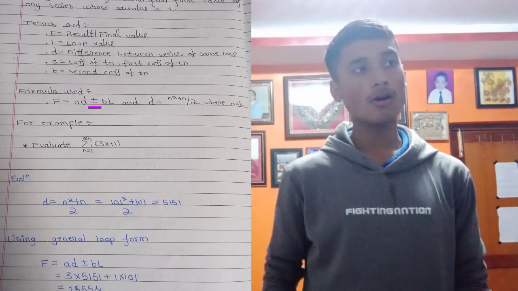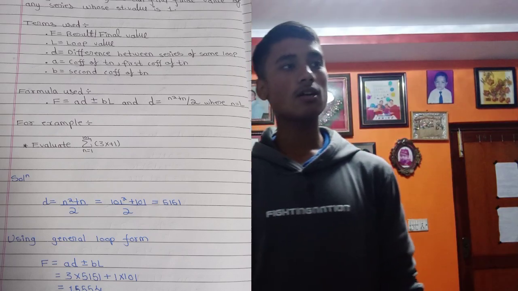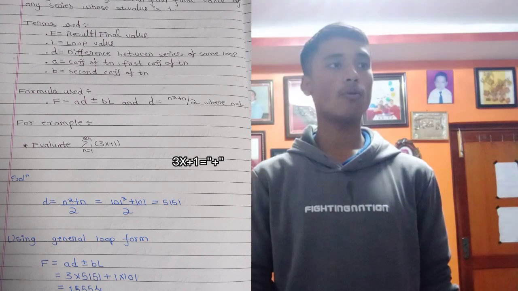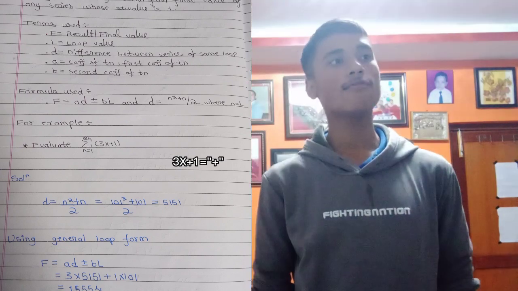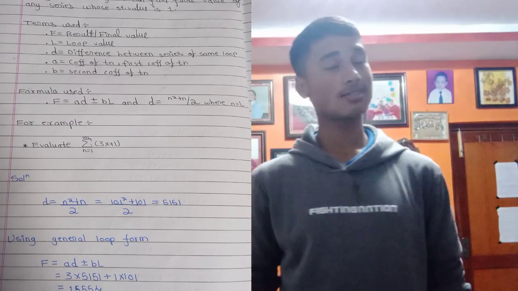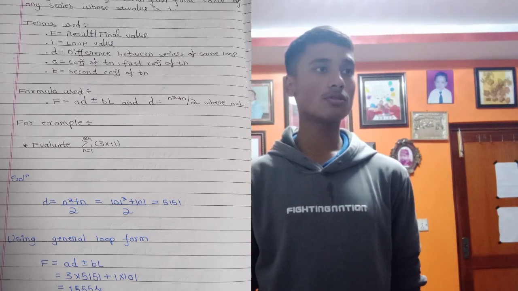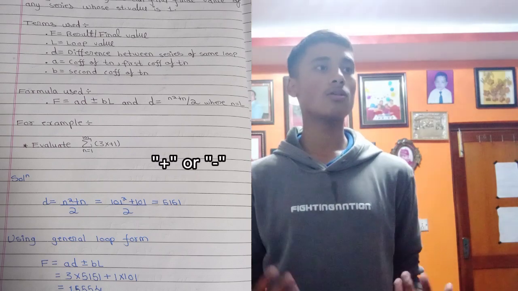I've just written it so that it works for any plus and negatives. If the general term is 3x + 1, then we use the plus in between, and if the general term is 3x - 1, then we use the minus in between. It's not that complicated.